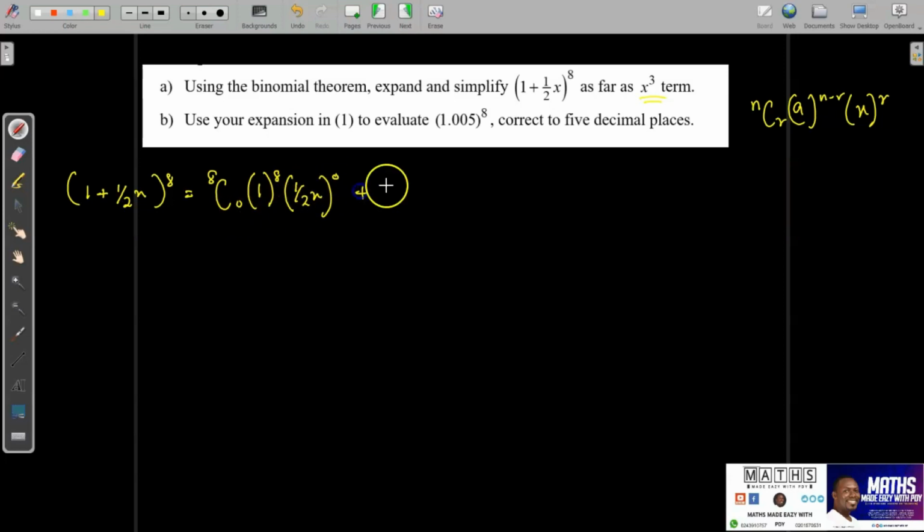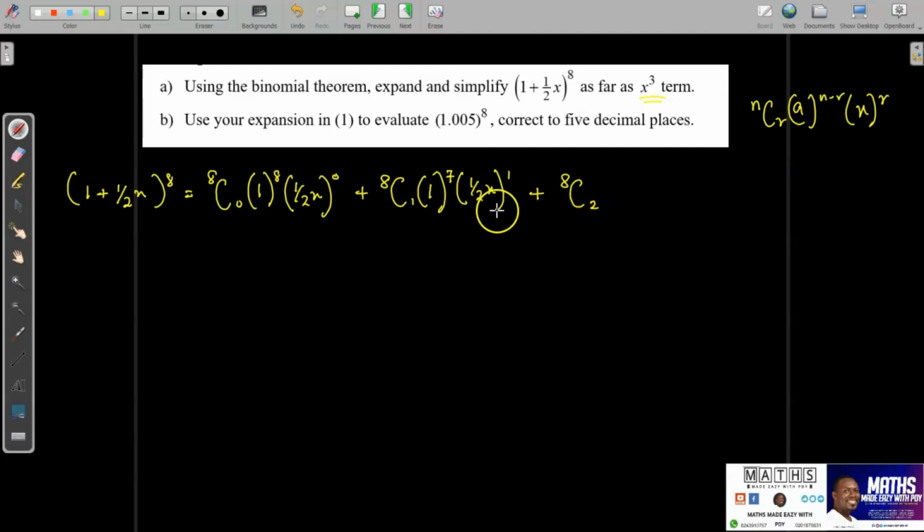Then we have plus 8 combination 1 multiplying 1 to the power 8 minus 1, which is 7, then half x all to the power 1. Then plus 8 combination 2.